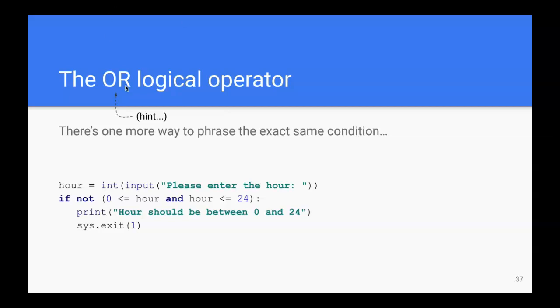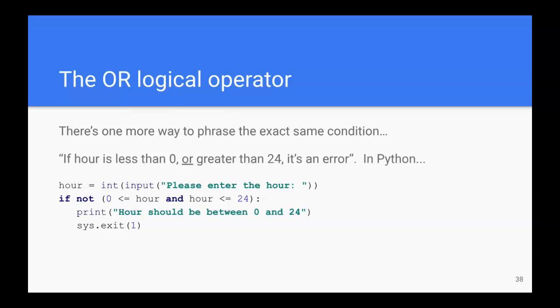And here's the hint: we're going to be talking about the OR logical operator. The way we can describe an invalid hour is that if the hour is less than 0, or if the hour is greater than 24, then it's also an invalid hour.